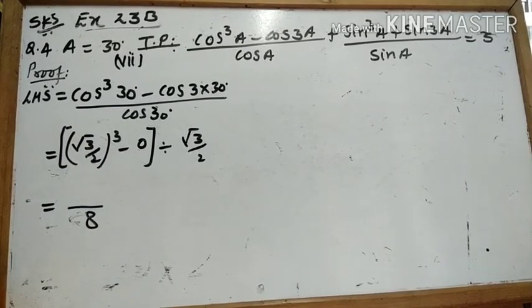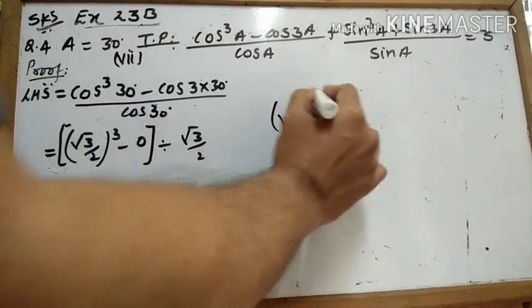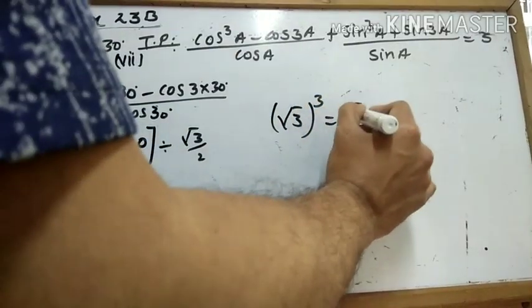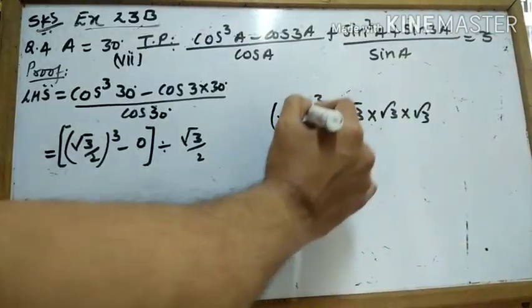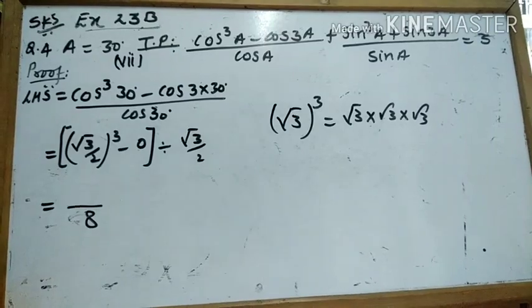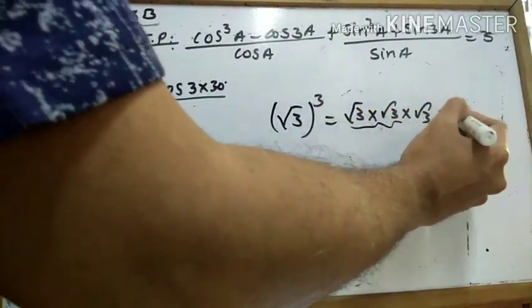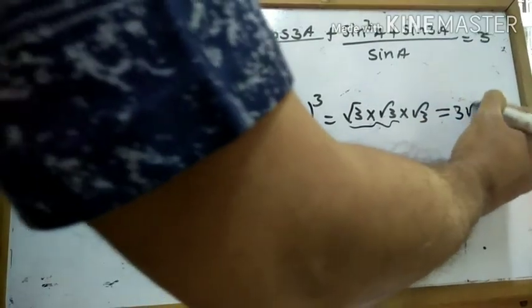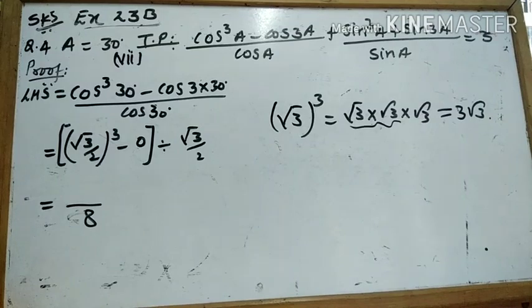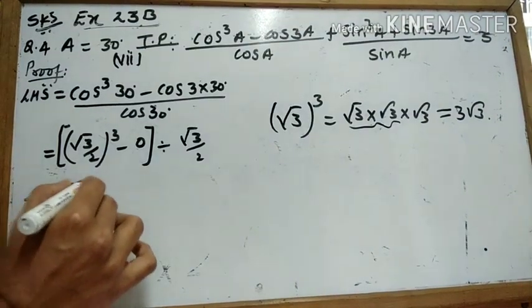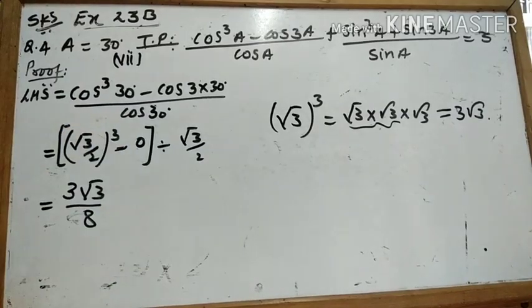Square root of 3 raised to 3, I'm just explaining you by the side. The cube of square root of 3 is nothing else but this, and we know this 2 will give us a product of 3. This root 3 will remain as it is. So here the cube of square root of 3 is 3 root 3. Minus 0, as I told you, nothing to worry about it.